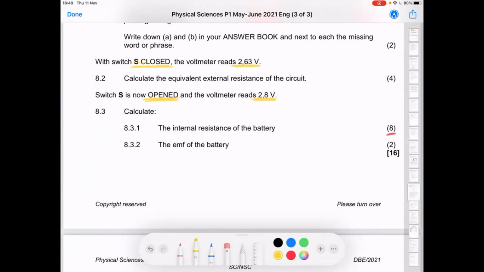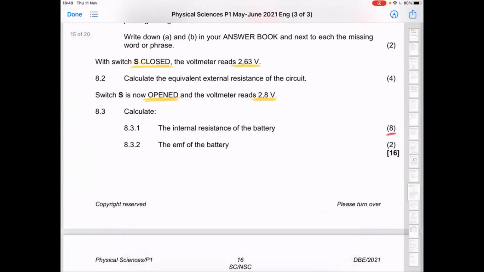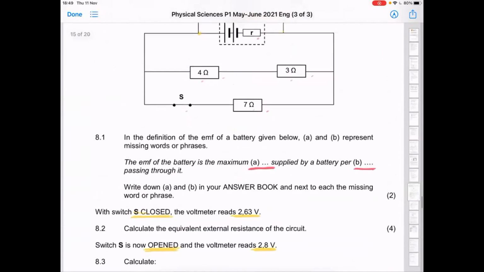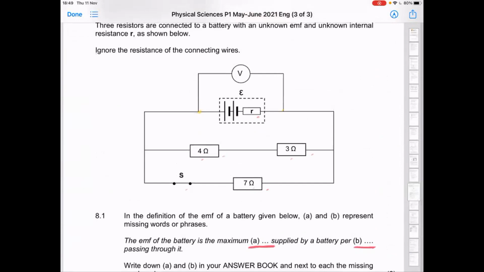Okay, so for this part now, let's just do it step by step and show you all the calculations. We're going to calculate when S is closed, and we're also going to do a calculation when S is opened. But what's important here is for you to realize that when we find the EMF of the battery, it's not going to change depending on whether the switch is open or closed.